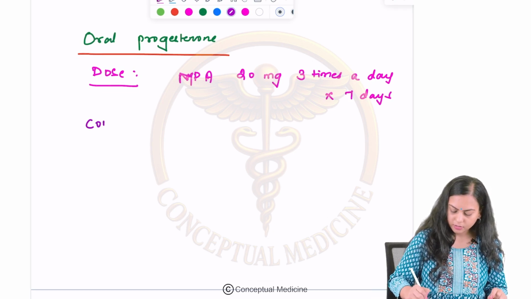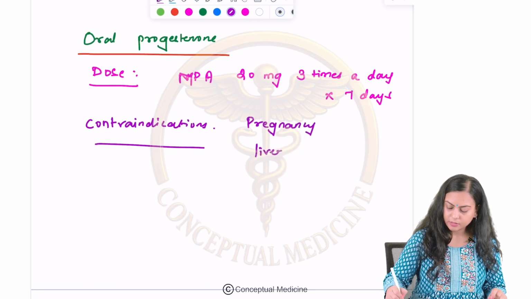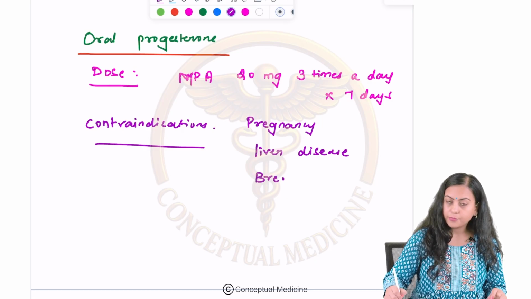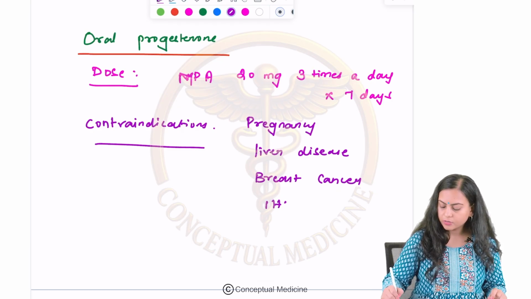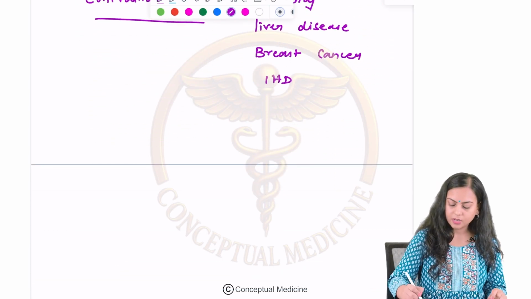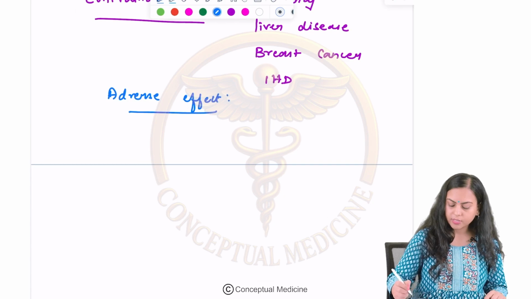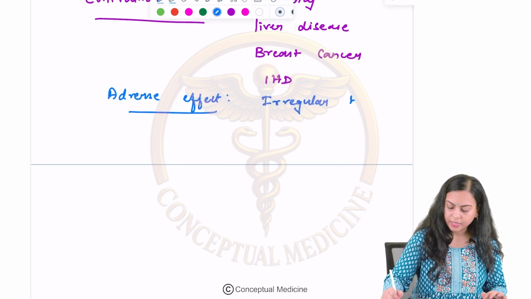Contraindications: pregnancy, liver disease or liver tumor, breast cancer or ischemic heart disease. And then adverse effect of using progesterone drugs include irregular bleeding.